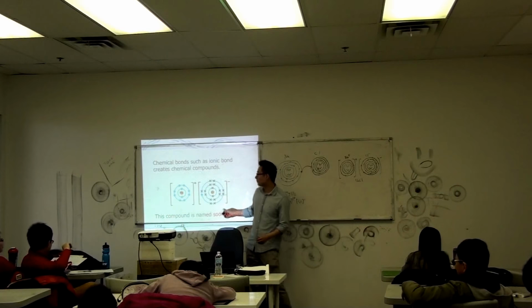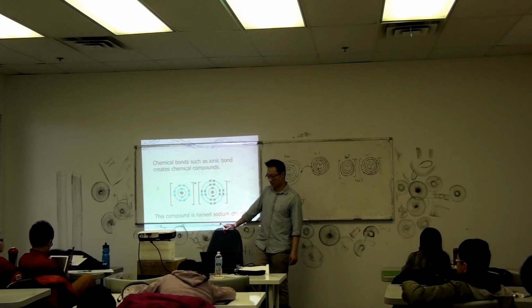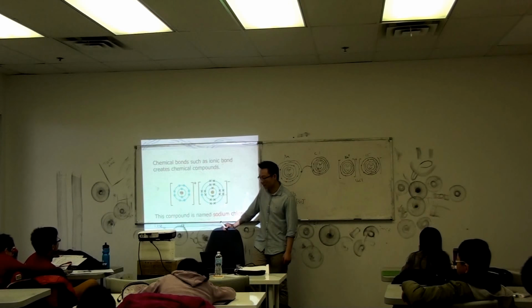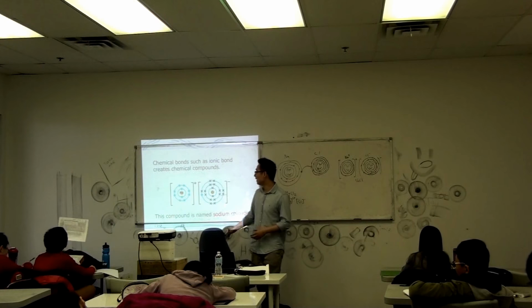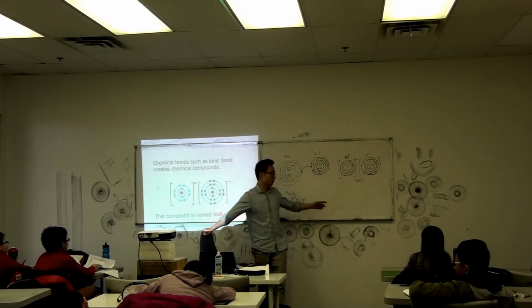Remember, chemical bond is a bigger term and it includes three types of bond. Ionic bond is one of the types of chemical bond. This is the drawing, same as what I have here.